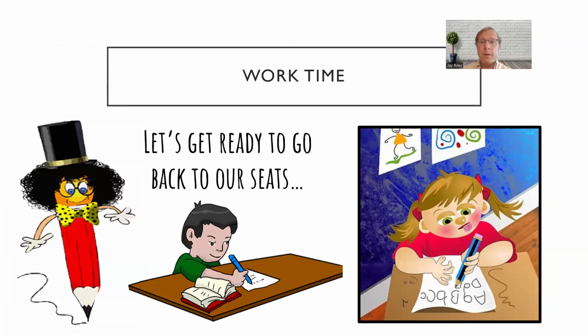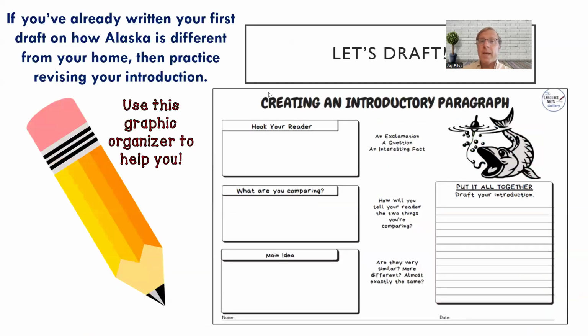So as you break out with your students, you can have them use this graphic organizer where they're going to come up with each of the three key components of a good introduction. They're going to practice hooking the reader, and we've got those strategies listed here. They're going to talk about the two things that they're comparing, and they're going to state the main idea.